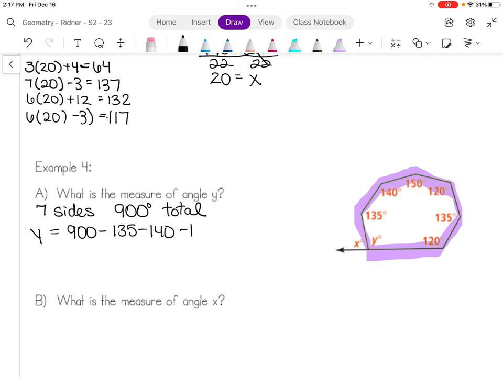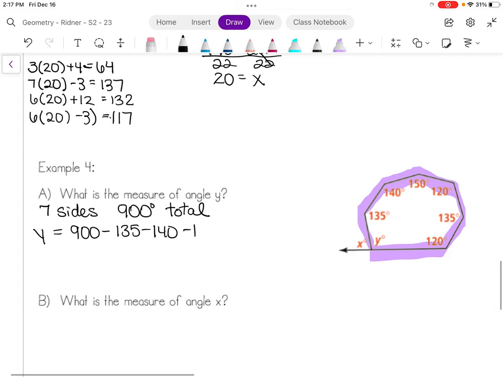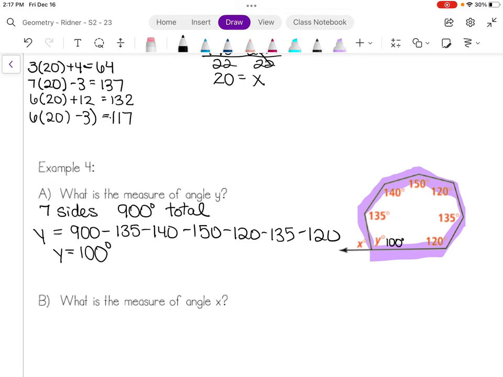So the 900 minus 135 minus 140 minus 150 minus 120 minus 135 minus 120 will give me that answer. That's just a simple plug it in the calculator if you want. Y is 100 degrees.